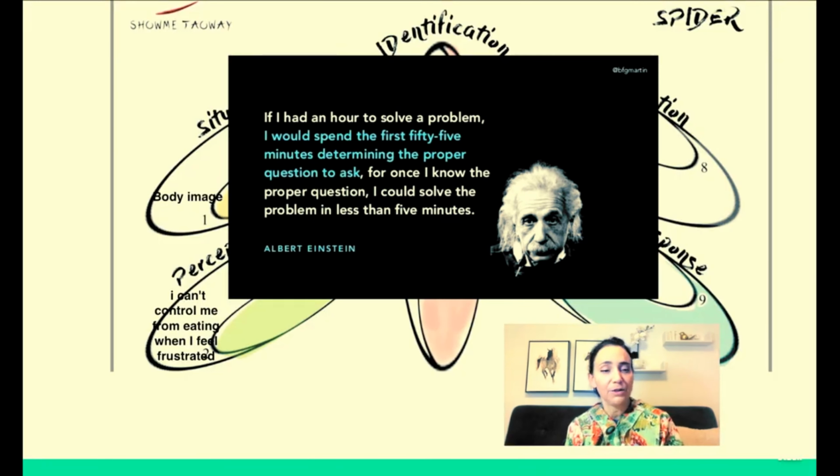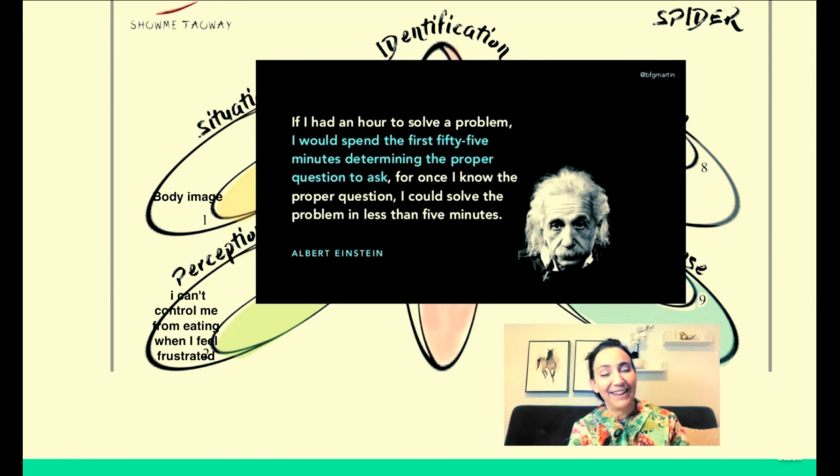This quote is from Einstein, and it talks about learning how to ask a question. If I have an hour to solve a problem, I would spend the first 55 minutes determining the proper question to ask. Once I know the proper question, I could solve the problem in less than 5 minutes. Why? The reason is because all the answers are hidden in the question that we are asking.